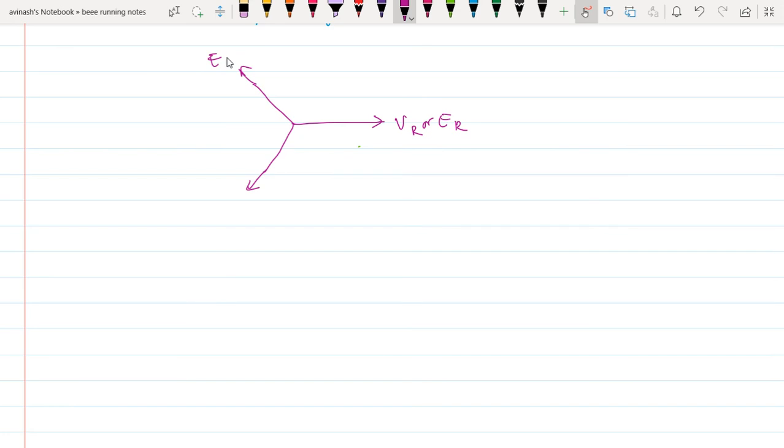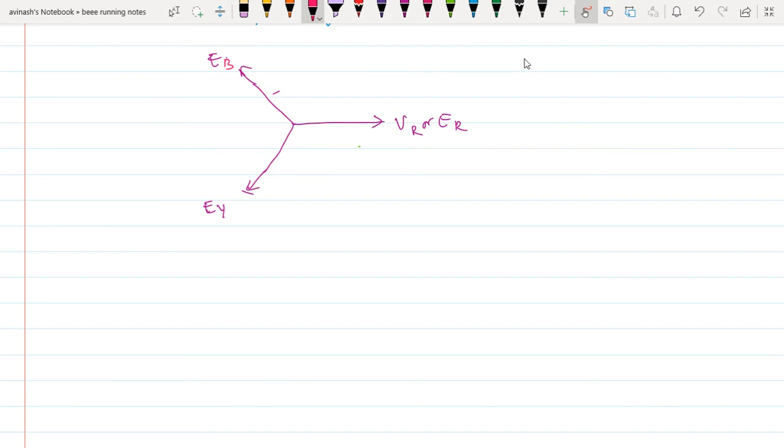Let us fix EY here, because this is the clockwise direction. Let us consider this point as EB. Now each angle will be 120 degrees here.